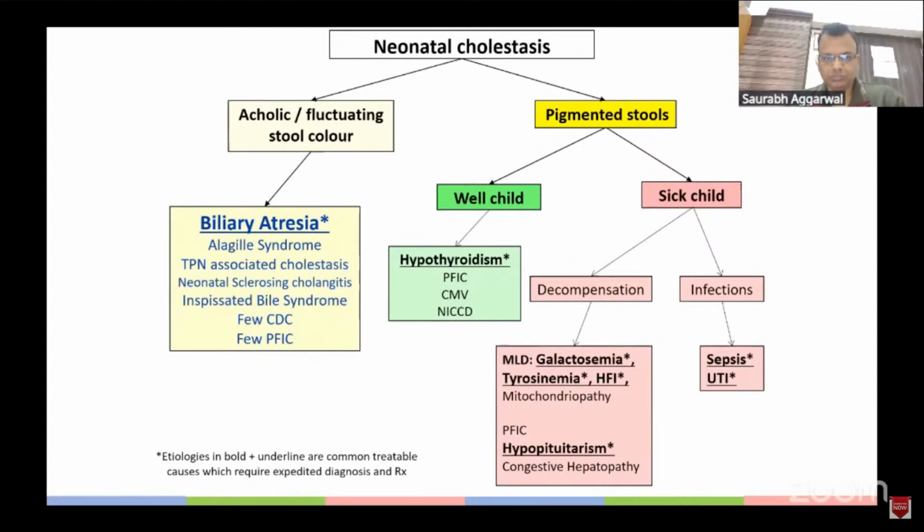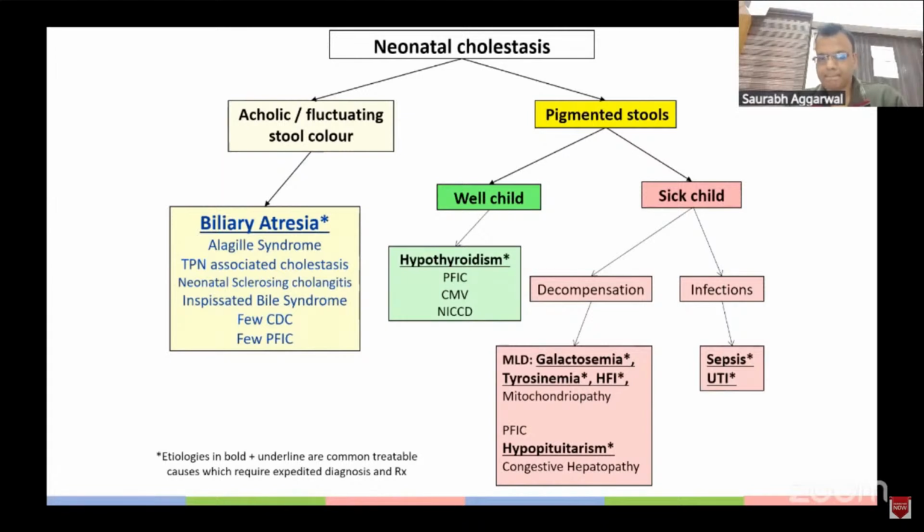If the stool color is pigmented, that is not white colored stool, then we need to see whether the child is a well child or a sick child. There are two broad categories. If the child is well, feeding well, thriving well, with no signs of sepsis, then there are some treatable causes like hypothyroidism, PFIC, cytomegalovirus infection, and NICCT.